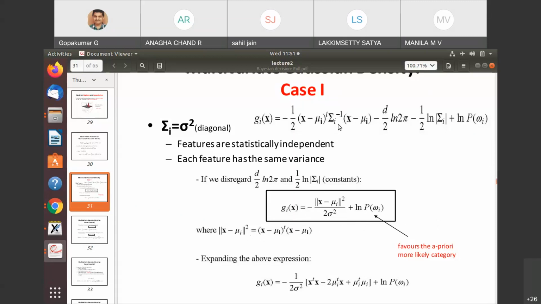We know that sigma I in the g of x equation is equal to sigma square, so that is substituted there, and we get the equation given in the rectangle. That is the simplification in this particular case.